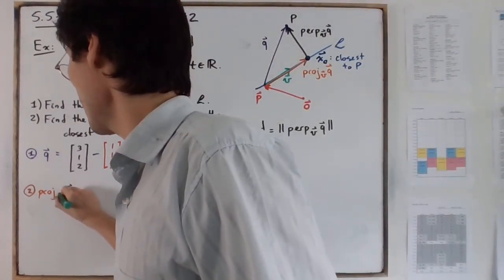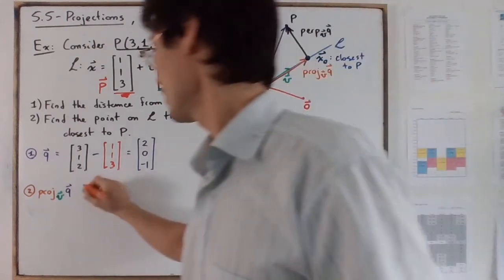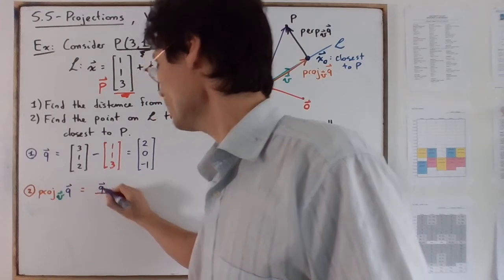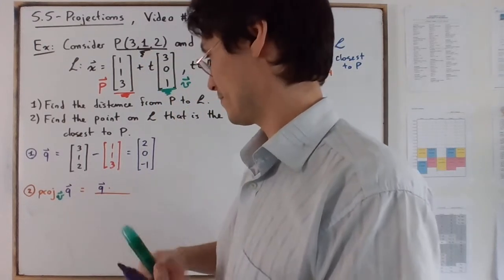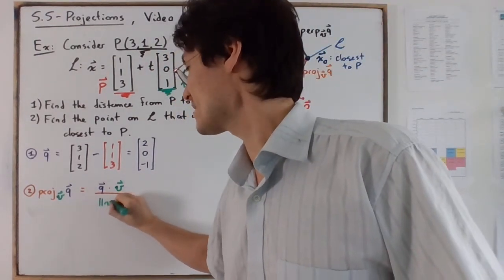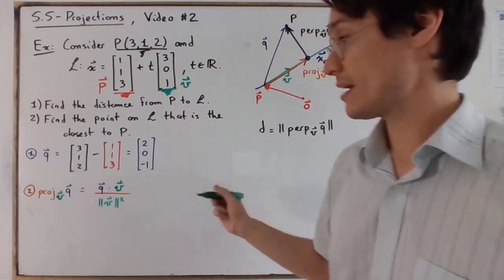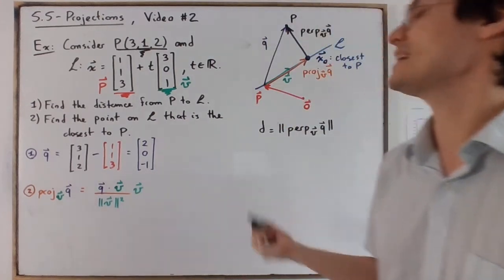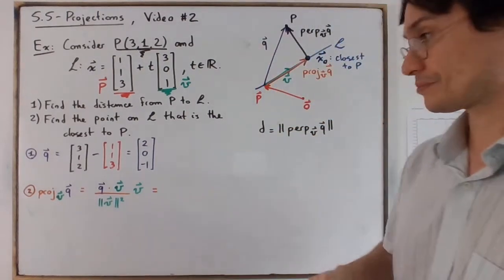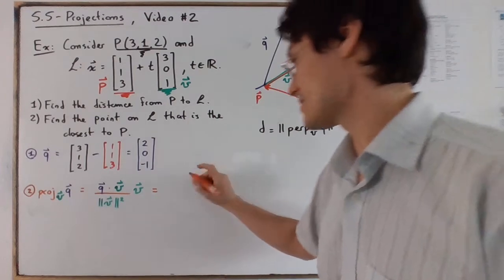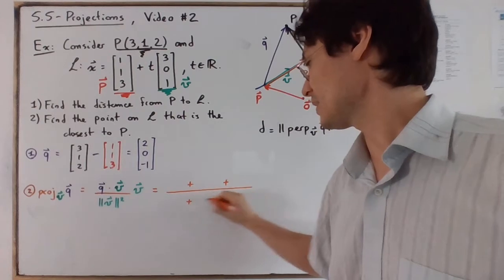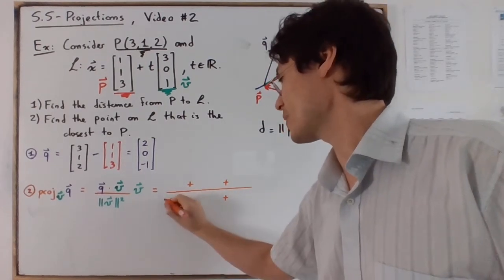So projection of Q on V. I want you to remember that this is the vector Q dot vector V. Okay, and since we're projecting on V, it means that we're taking the norm of V squared and multiplying by the vector V itself. Okay, so let's calculate this.